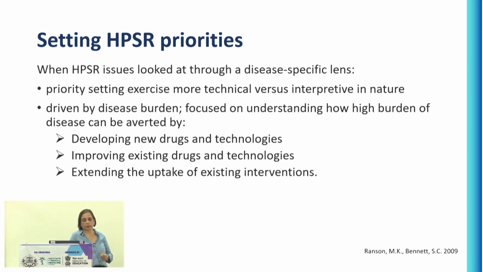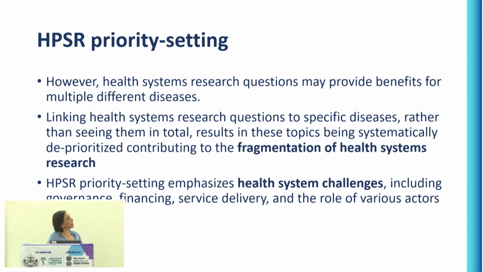I think we've said this one already: if we looked at HPSR through a disease-specific lens, we would end up with a fragmentation of health systems research. What we really need to be doing in terms of HPSR priority setting is emphasizing health systems challenges. So back to the building blocks in some ways: the governance, the financing, the service delivery, and the roles of specific actors within the system.